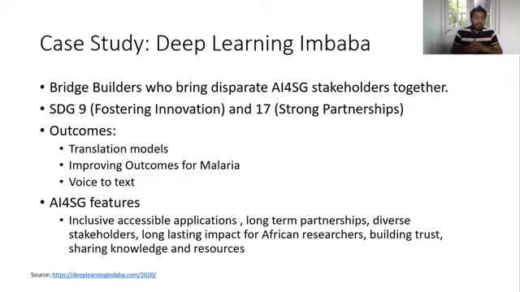And the outcomes from these projects are that they worked together to build language translation models for a lot of low resource data set languages in Africa. They've built models that will improve predicting malaria and help eradicate malaria.